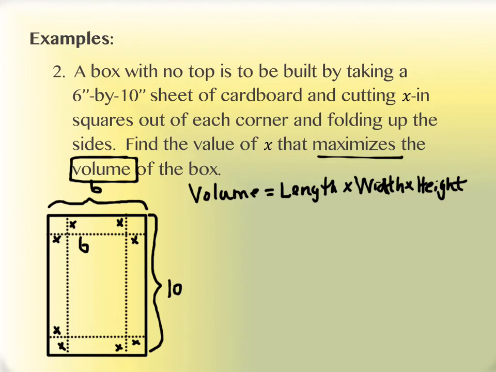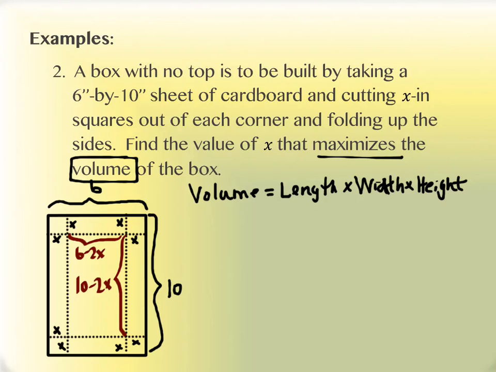This one right here, which Edgar's giving me, is 6 minus 2x. Does everybody see why it's 2x? Got the x on each side, right? What about the longer piece? Right, 10 minus 2x. So that's the length and the width of my box: 6 minus 2x and 10 minus 2x.